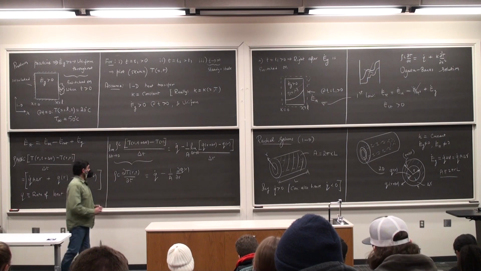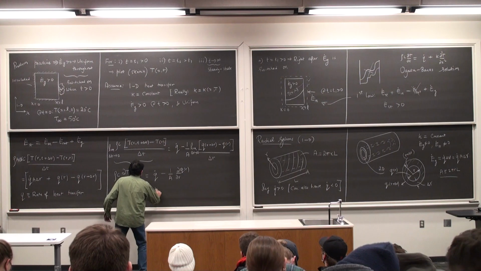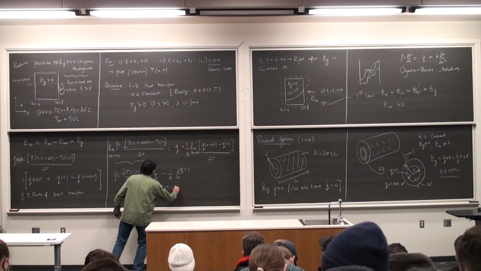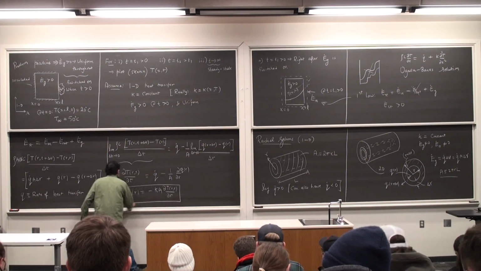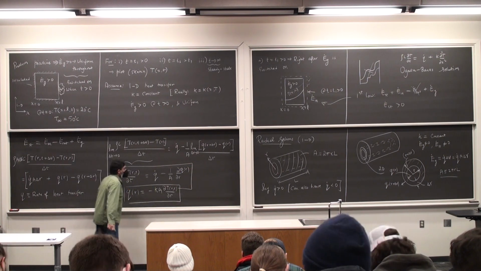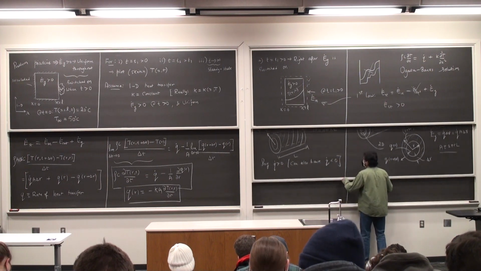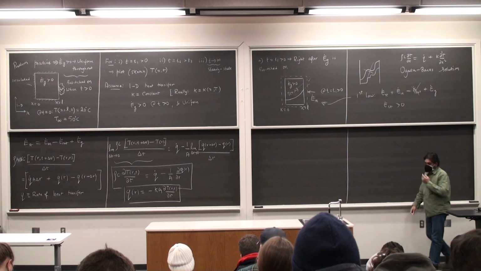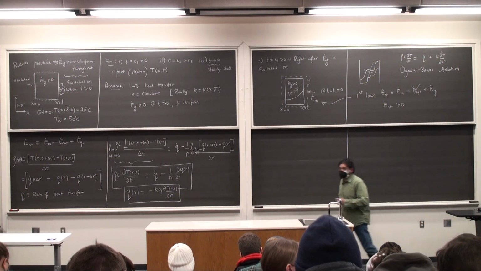And if I write that out, Q of R is minus K times A times dT by dr. This is from Fourier's law.